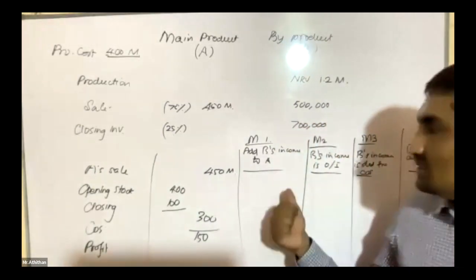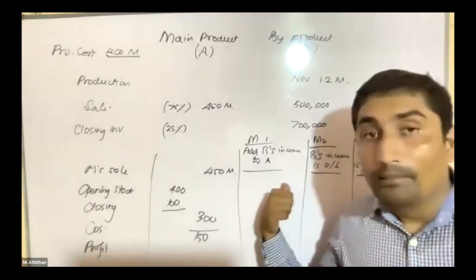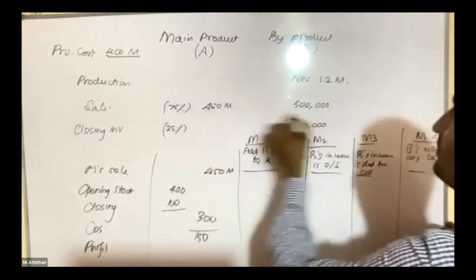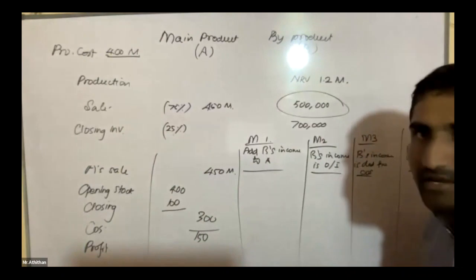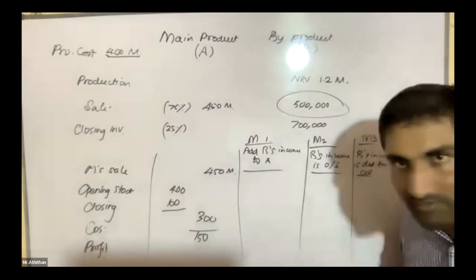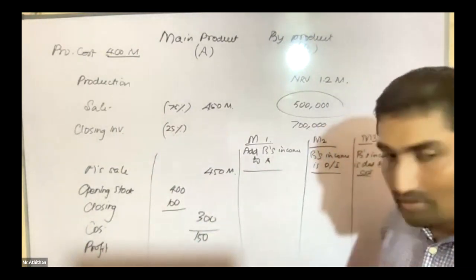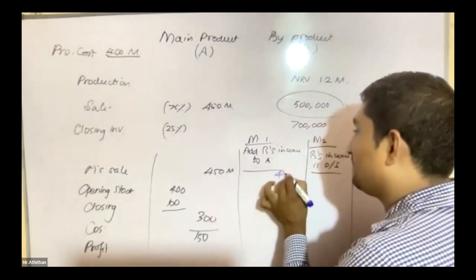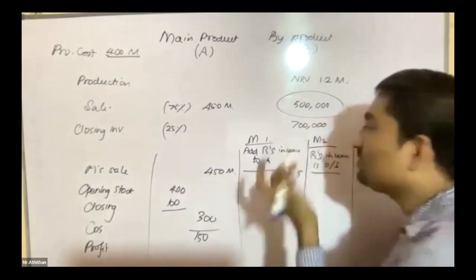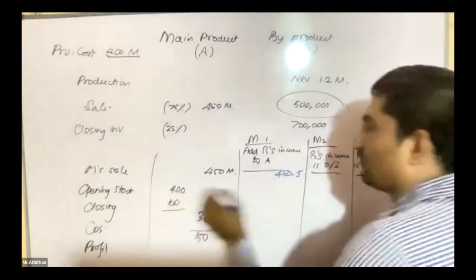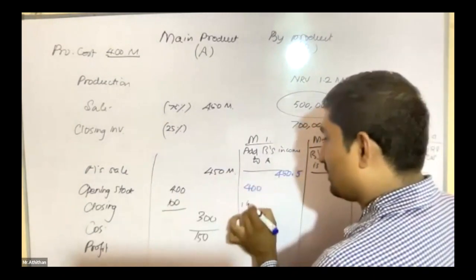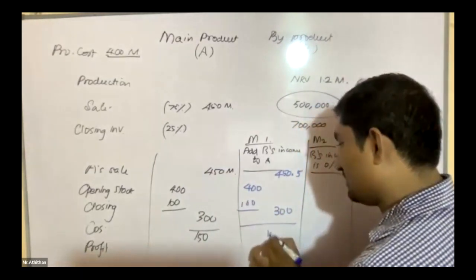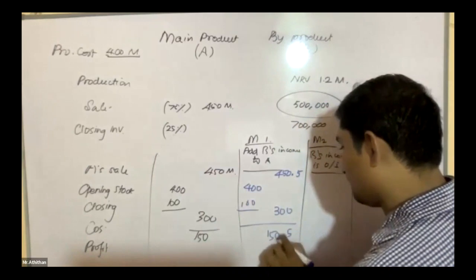So this is basic. First, what we do is add B's income. How much is B's income? 500,000, so that means 0.5 million. So 450.5 million, 400, 100, 300, 150.5.